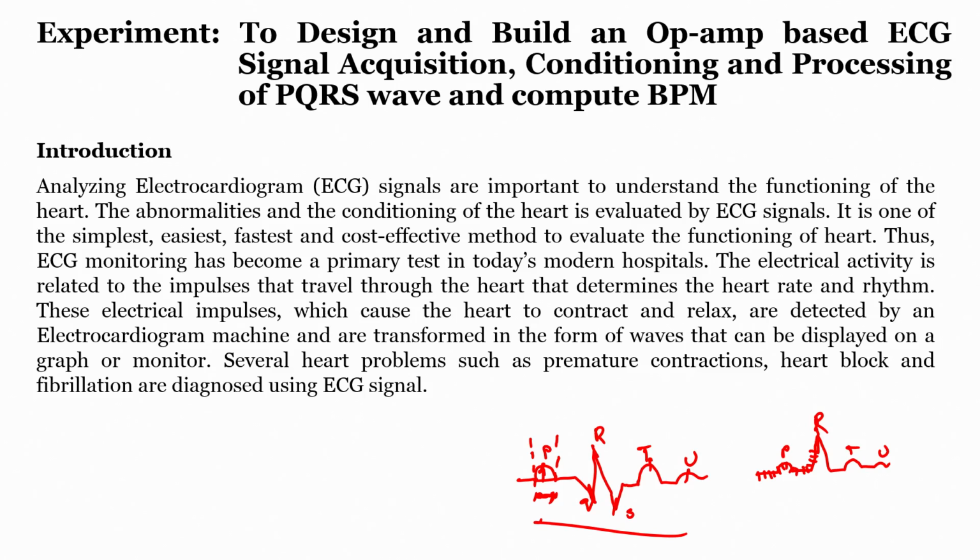For example, say I take this particular value, let us say this is some x, and I compare with x1 as well as x2. If x is greater than x1 as well as x is greater than x2, that means if the present value is greater than the previous value as well as the next value, then I can say x is a peak.